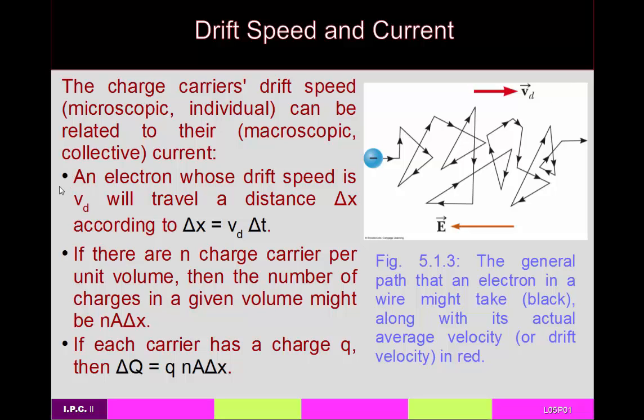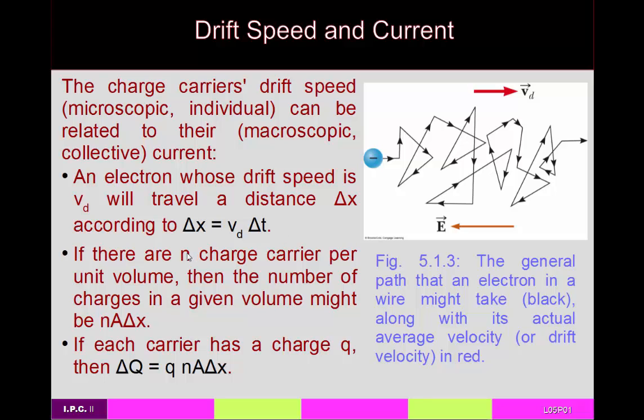And let's say that we have electrons who have some drift speed Vd, or a drift velocity vector Vd. Then what will happen is over a sufficiently long time delta t, you get delta x equals Vd delta t. That's just simple kinematics.